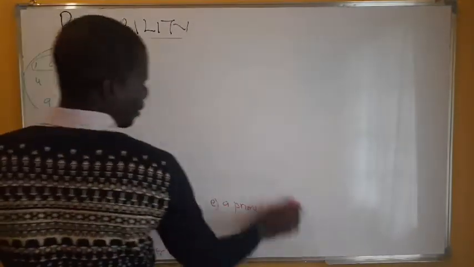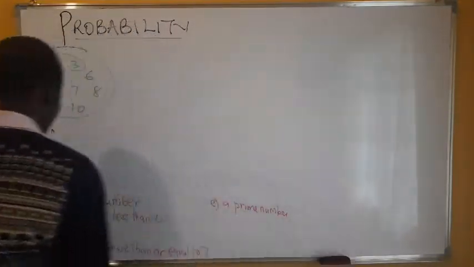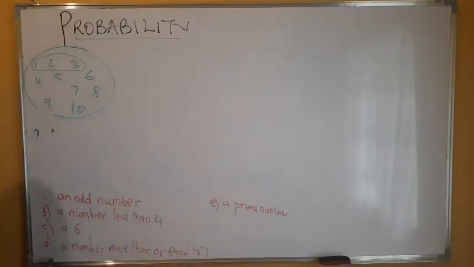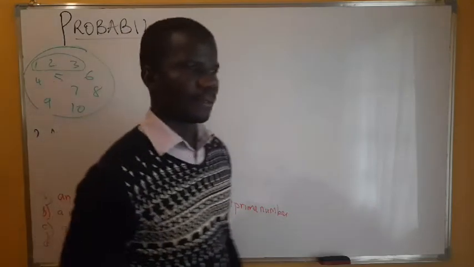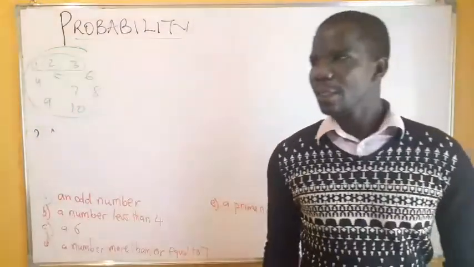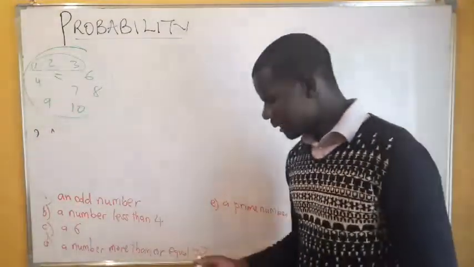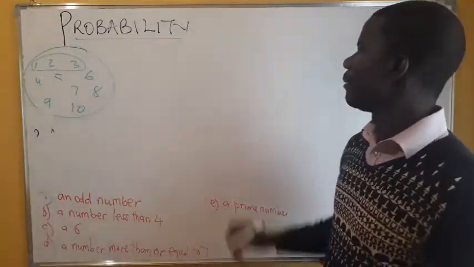Continue. Then the probability of picking a number that is more than or equal to 7. First of all, we're looking at numbers that are more than 7.